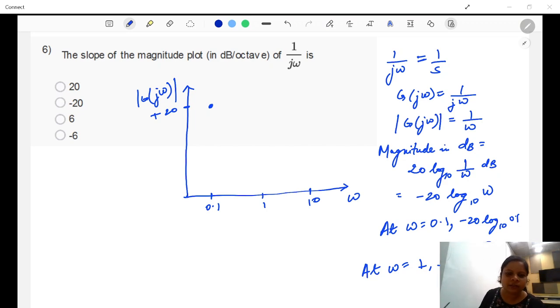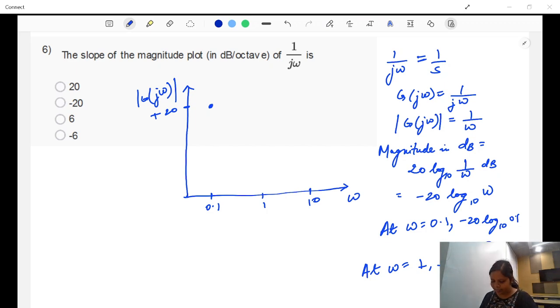Madam, there is minus 20 log omega, and where omega is equal to 2 omega, madam? Okay, you want to say in octave, yeah, definitely.